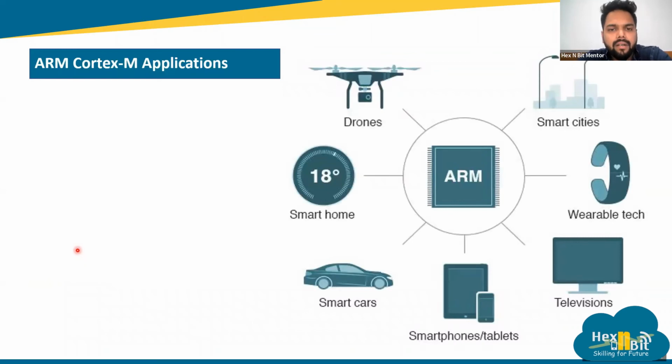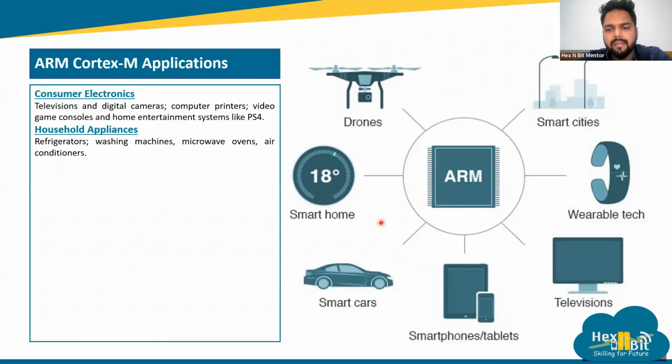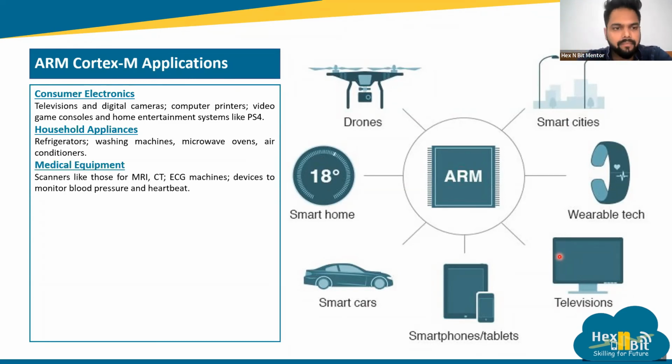Whenever you're working on product development, like smart home applications, smart car applications, smart tablets, television, wearables, smart city, all these products are based on ARM architecture. Okay, so whenever we talk about embedded systems, these products consist of ARM, and with the help of these architectures, a lot of products are being developed in the industry.